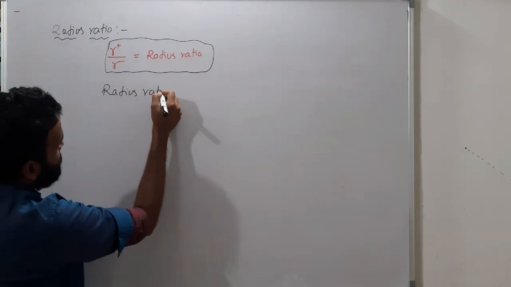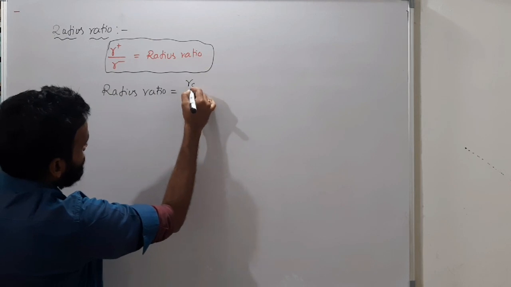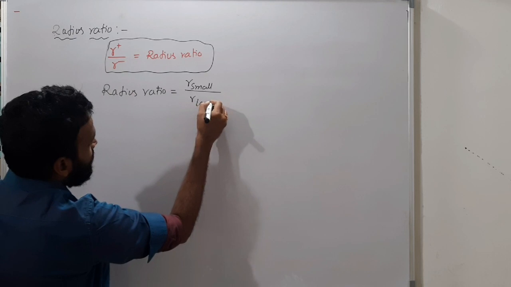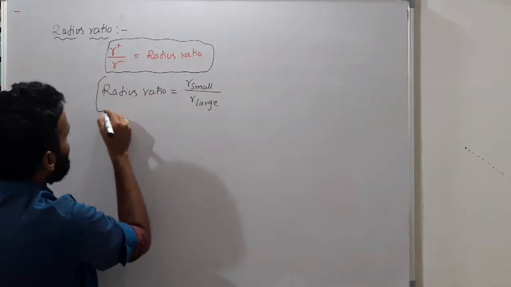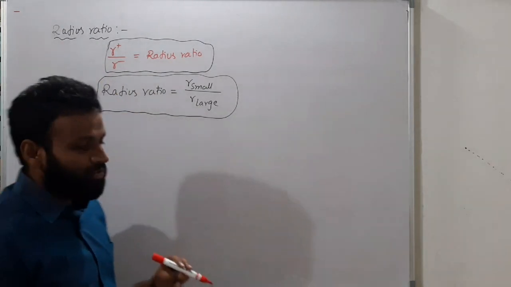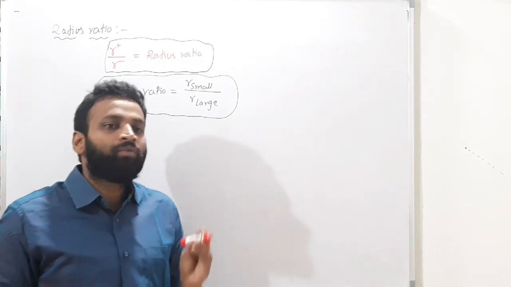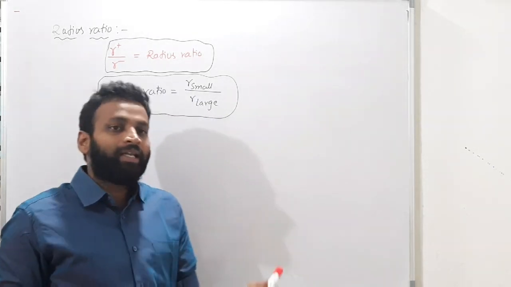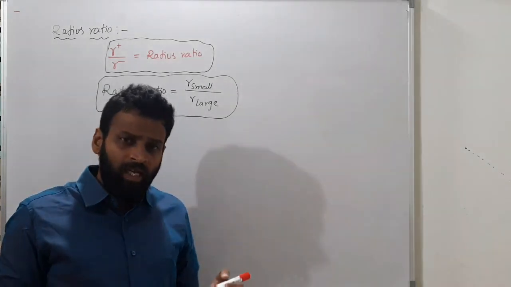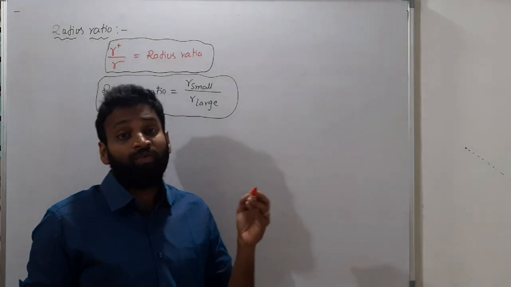So you can have it like this also. Radius ratio is equal to the radius of the smaller ion to the radius of the larger ion. This also you can consider as radius ratio. What does radius ratio mean? It is the ratio of the radius of the smaller ion to the radius of the larger ion, or the ratio of the radius of cation to the radius of anion.